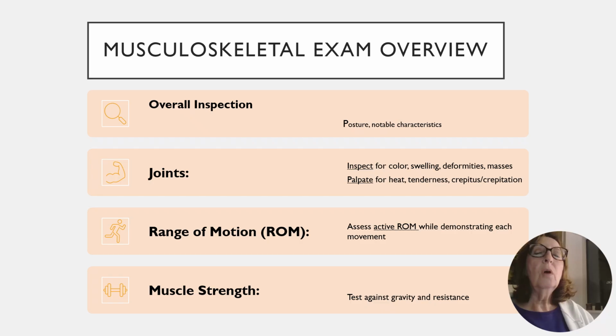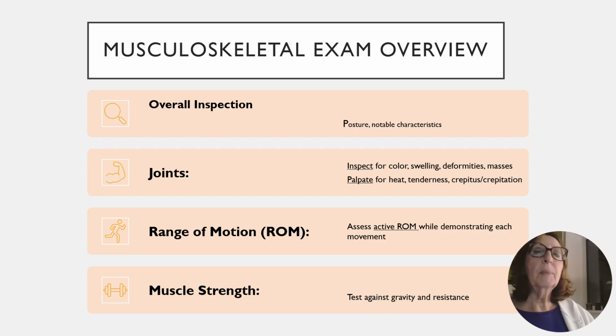Range of motion, ROM, we're going to be assessing active range of motion. There's a difference with active range of motion. This is when the patient moves the muscles, moves the joints, so that they can show you, the nurse, how much their range of motion is.